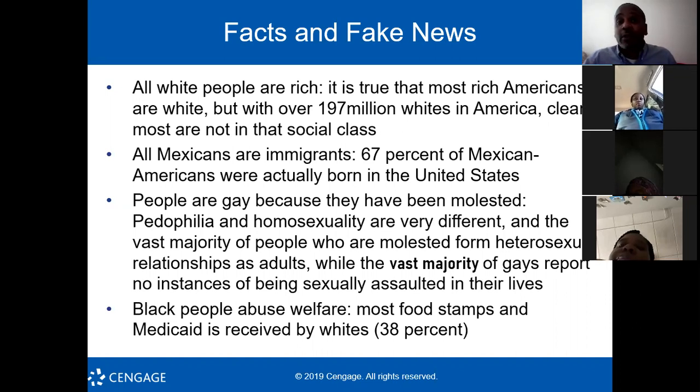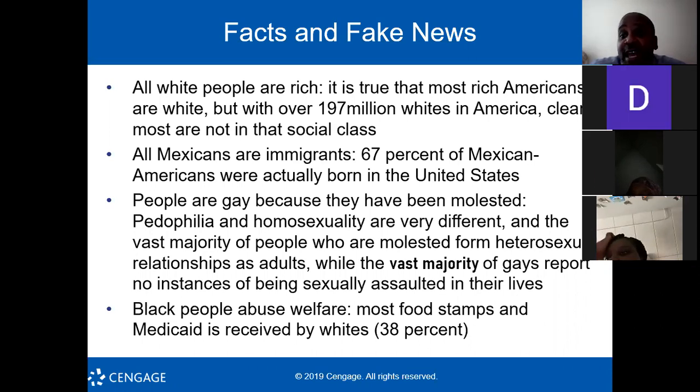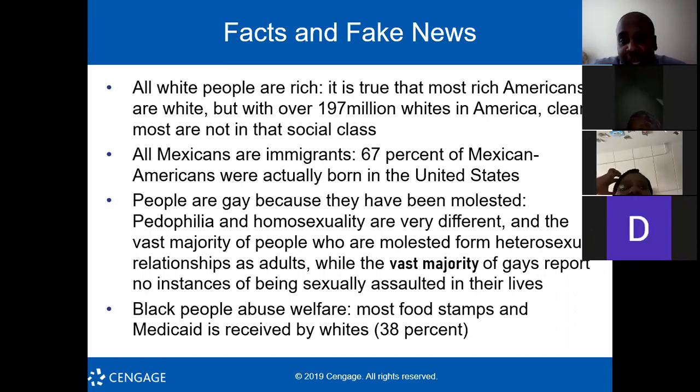As it relates to these things here, a lot of people confuse and mix up pedophilia and homosexuality, but they're two different things. Pedophilia, again, is people that want to have sex with children of any gender. It ain't just about being gay. And then the common notion is that the effect of being molested as a child is going to so confuse this child that they're going to be homosexual as an adult.